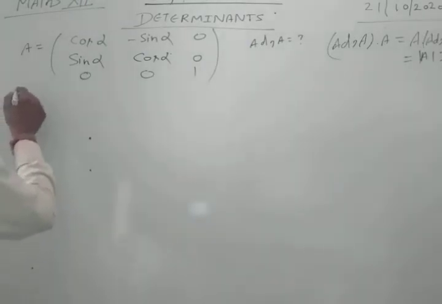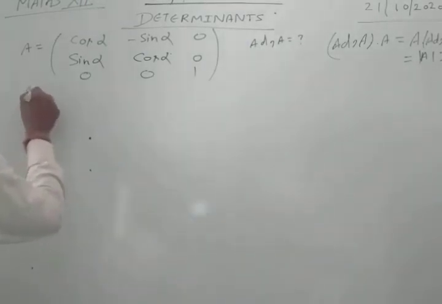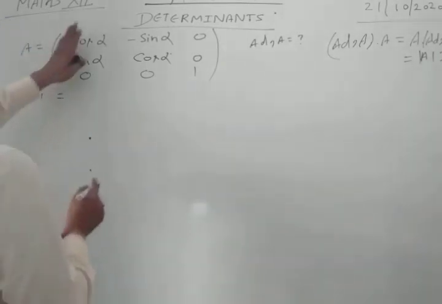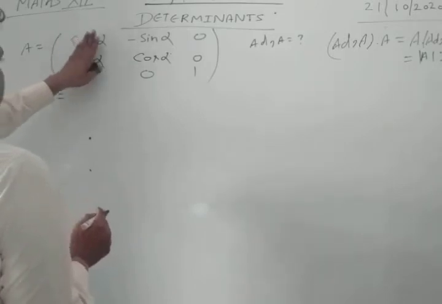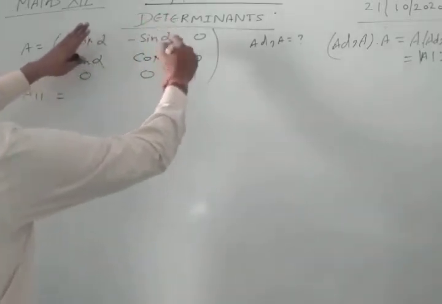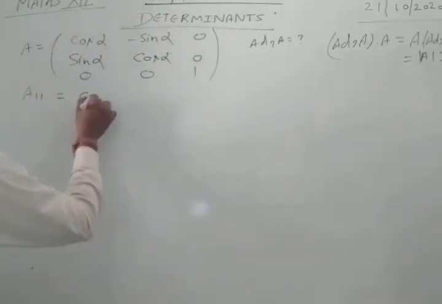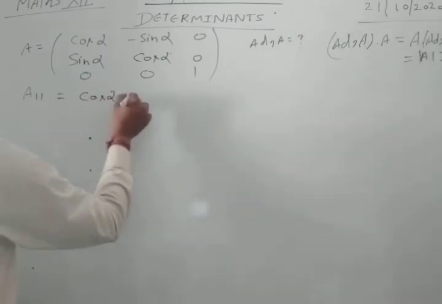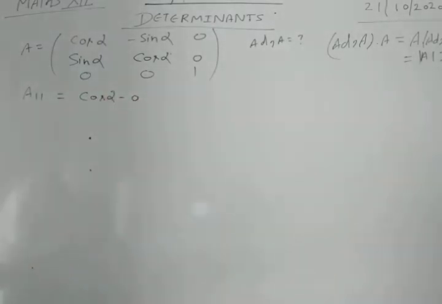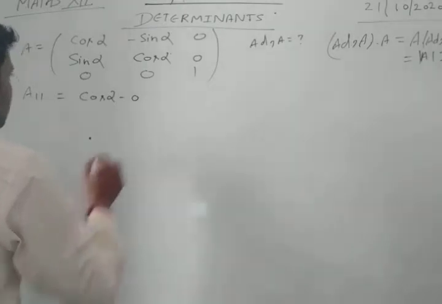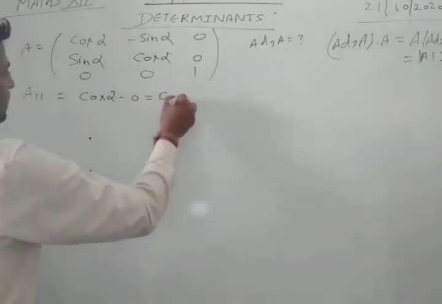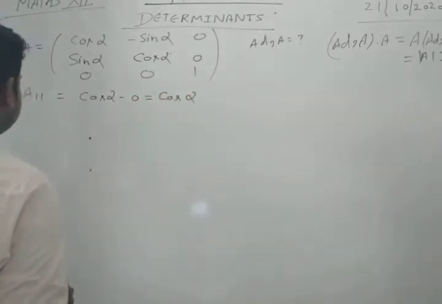So let's find the cofactors first. A11 is what? This row and column will be hidden. We get cos alpha minus 0, and this will be cos alpha.